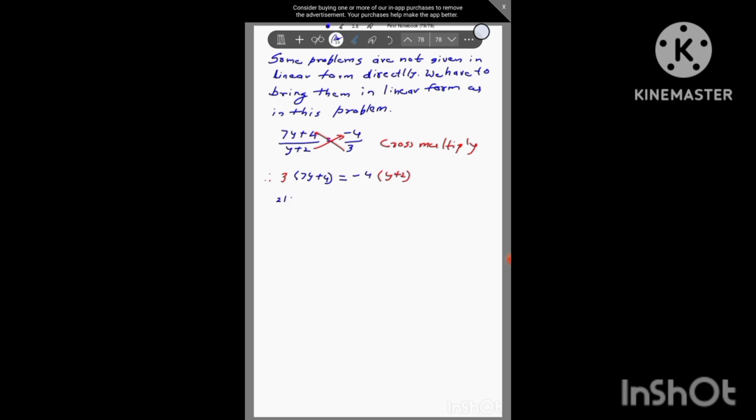Now solve it, that is 21y plus 12 equal to, okay, now bring unknowns or y on one side, that is the left hand side, and constants on the other side. You have to always change the sign the moment you change their position across the equal to sign.